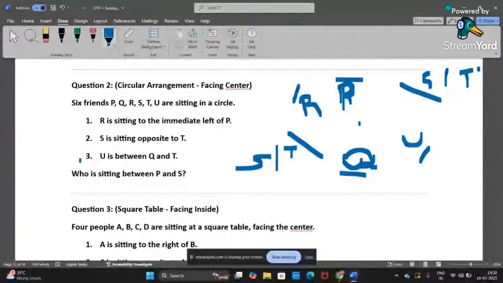And U is between Q and T. This will be the option. Okay. Then the question: who is sitting between P and S? So the answer is R. Right?